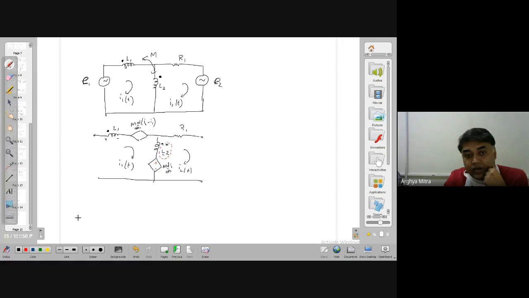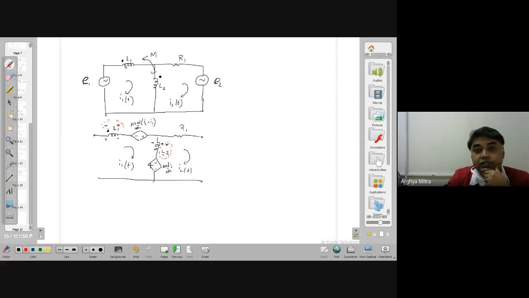If it is leaving the dot, then I will put this dot as negative. If this dot is negative, this is also negative. This is negative means this is positive. Then what will I do? I will take this polarity and I will put it here.